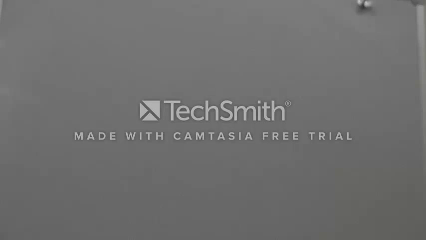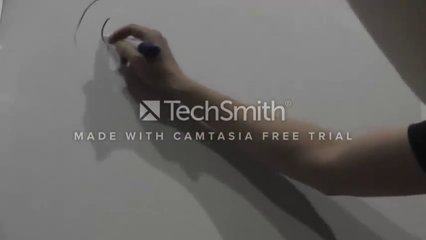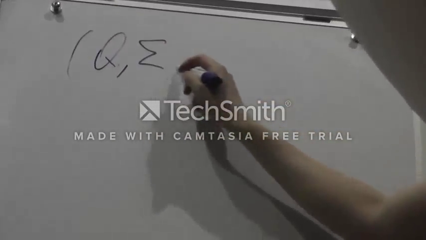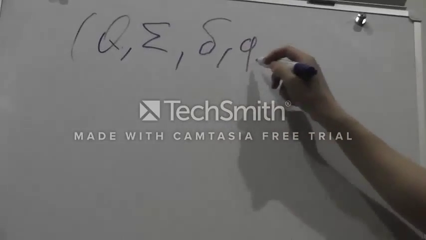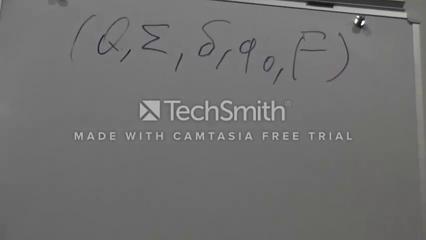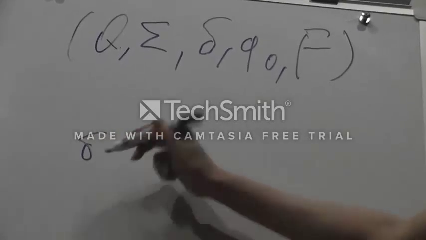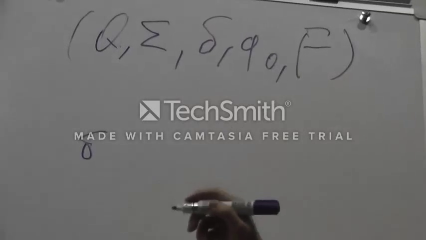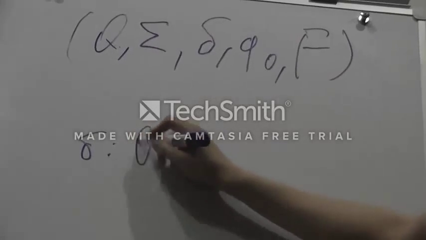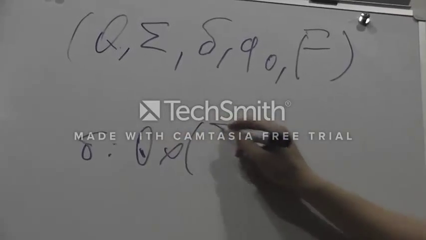Our last automata is a non-deterministic automata with epsilon moves, or spontaneous moves. It's the same tuple as we have seen before. But now our transition function is defined not only for the input alphabet, but it also accepts empty strings, or spontaneous moves.